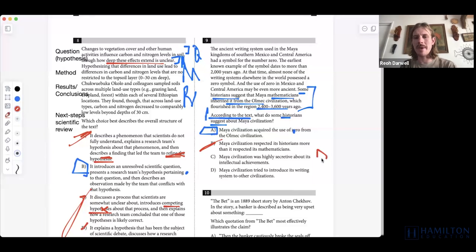C might be a bit of a baggage distractor, right? You might have watched a little bit too much of the History Channel if you're choosing C. And then D also, I really don't see the logical inference there. So for 9, A is the only one that does what a detail question should do, which is use the text to create our answer.